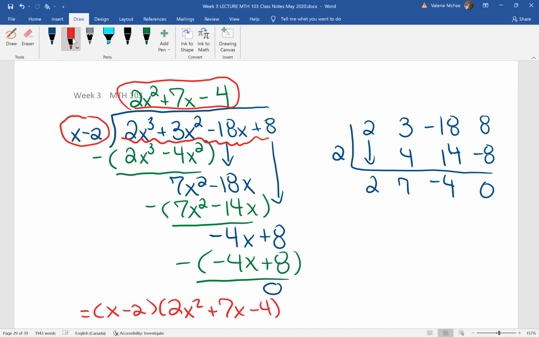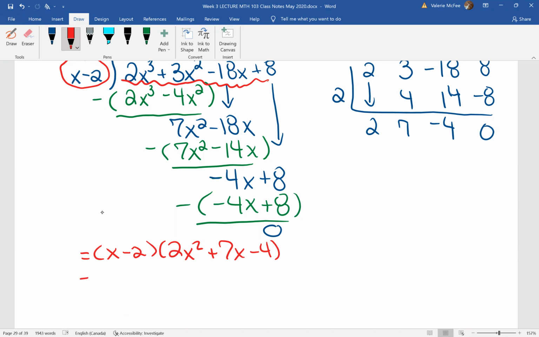Of course, we can factor that further. And now we can find the real zeros for this function. X equals 2, 1/2, and negative 4.